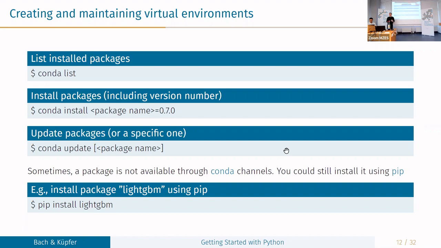If you get some kind of error, you can still use pip inside a virtual environment that you created with Conda to install packages from the other repositories. So if you run into trouble, you can always just call pip install, and there's an example like LightGBM, a light version of a gradient boosting algorithm.